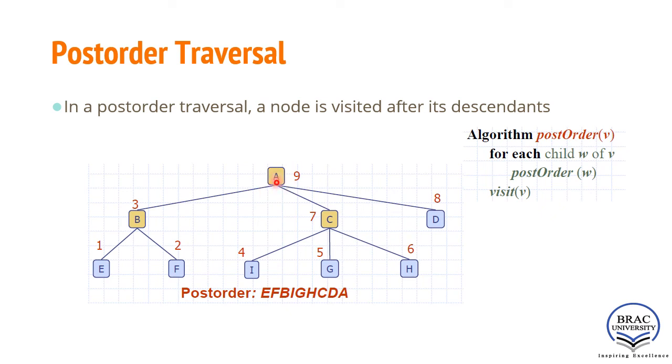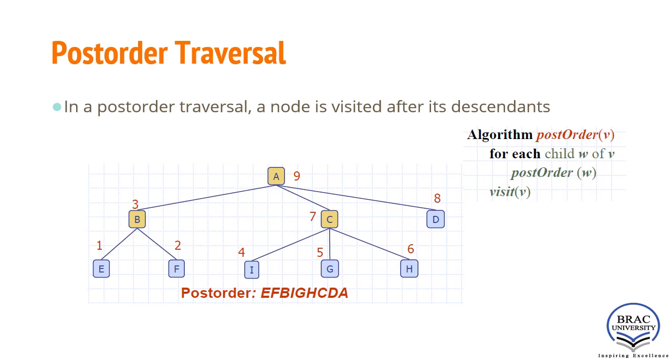So yes, there are 3 children of A. The order will be from left to right. So the visit will be from B, that is this subtree, then this subtree, then this subtree. But all these subtrees will be visited in a post-order manner.